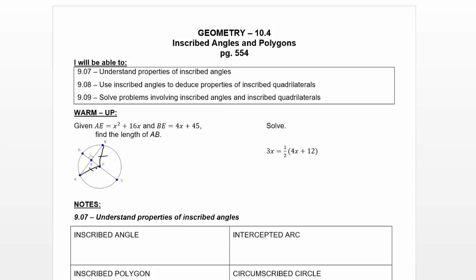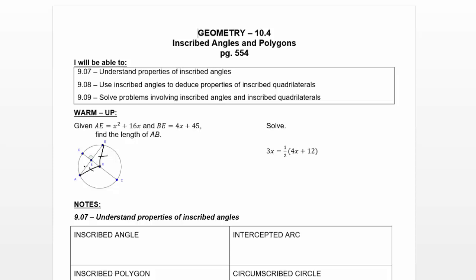These two triangles are congruent because they have a right angle, since this chord and the diameter are perpendicular. So each of these are right angles. Their hypotenuses are the same length because they're radii, and they share this leg that's the same. So these triangles are congruent by hypotenuse-leg.